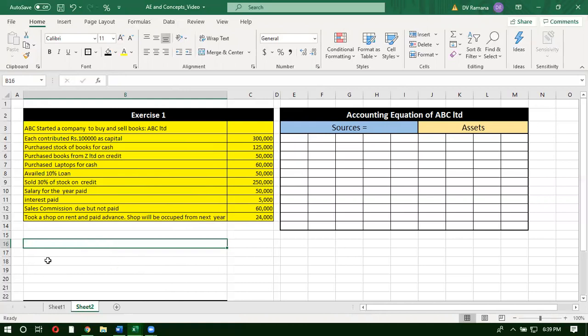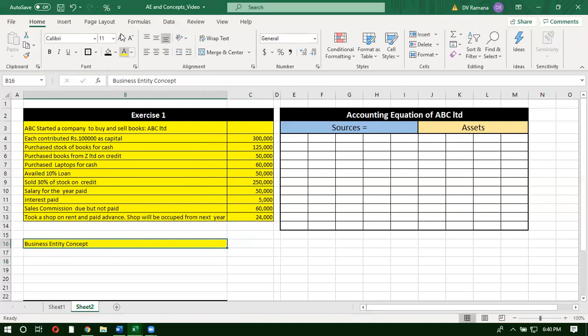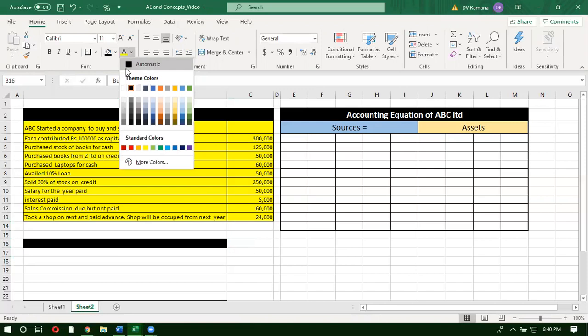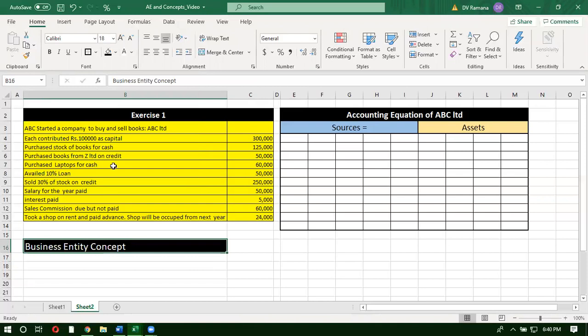The first one is the business entity concept. The business entity concept says the business and the owners are treated as two different entities.